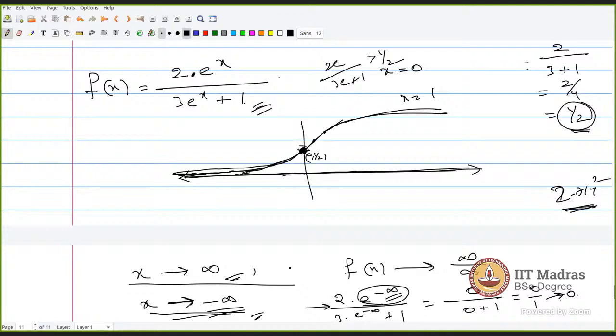But in case of logs, it's a little difficult. So try more examples. That is why I said just open Desmos first. Put whatever function comes to your mind, log x square or log x minus 2 or log something, just put it.